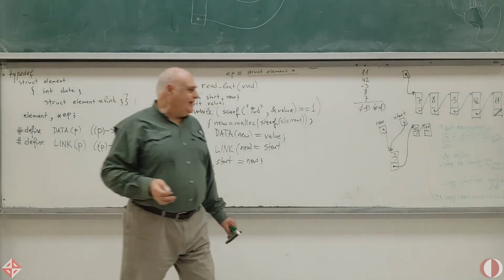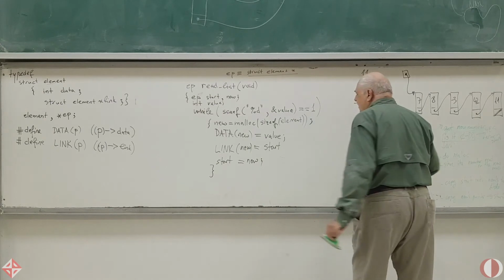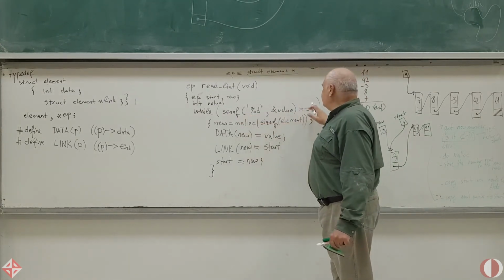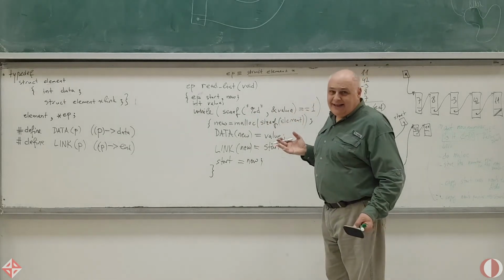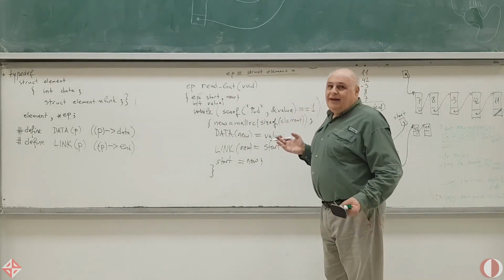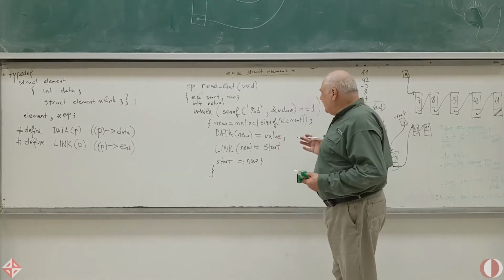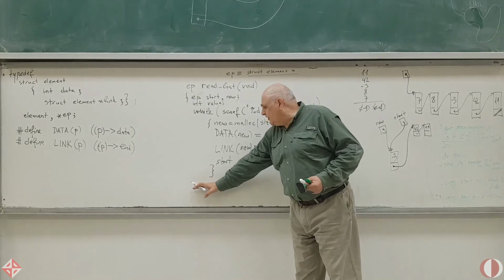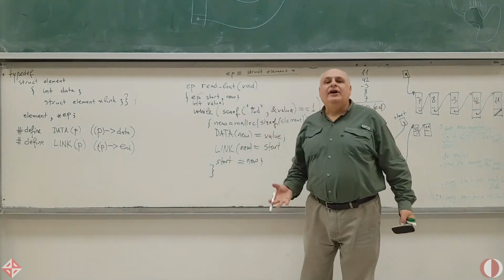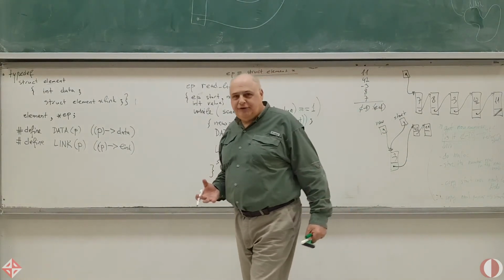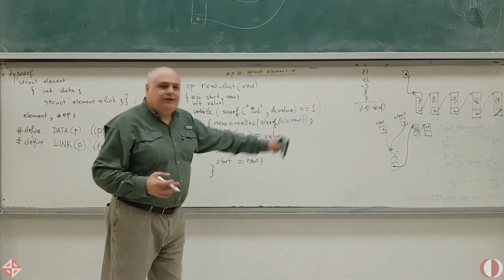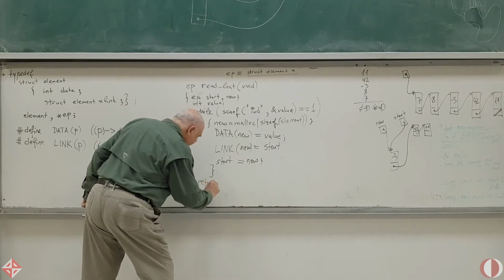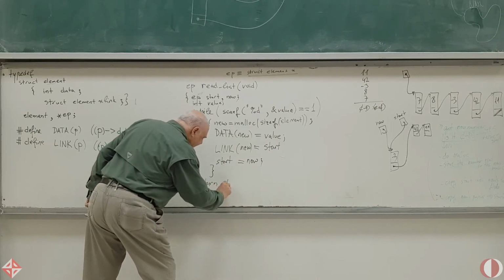At the very end, when I hit a Control D, scanf returns a -1 as an indication of the end of file. The while stops and comes to this point, and it's time for me to return. What will I return? I will return the start box. So return start.